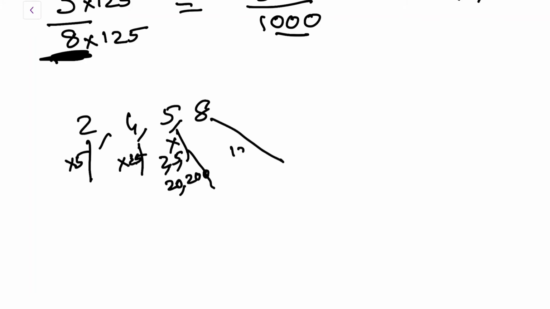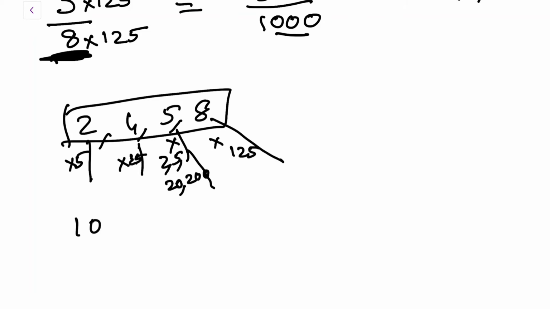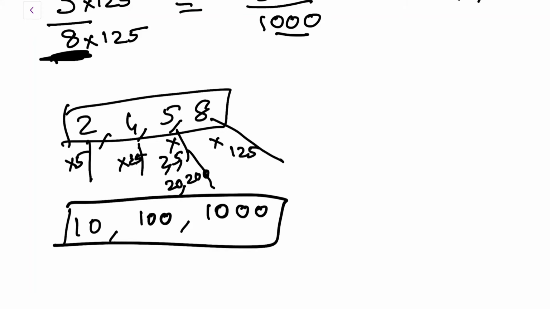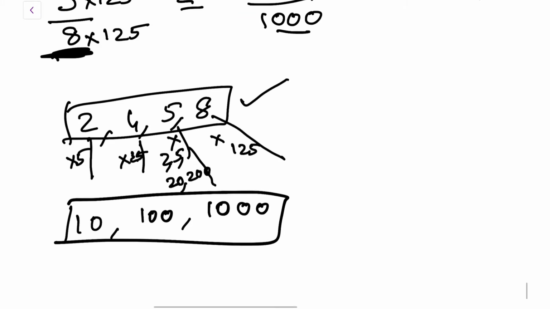And 8 can be multiplied with 125. So if the denominators are these, you can multiply with this so that you can get the denominators as 10, 100 and 1000, all right? So if the fraction has these denominators, you can use this method.